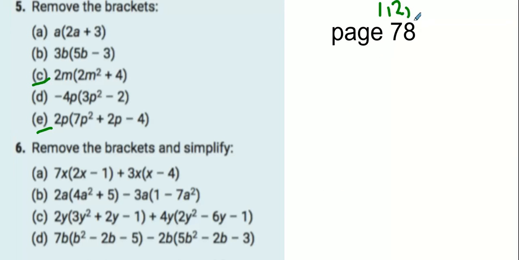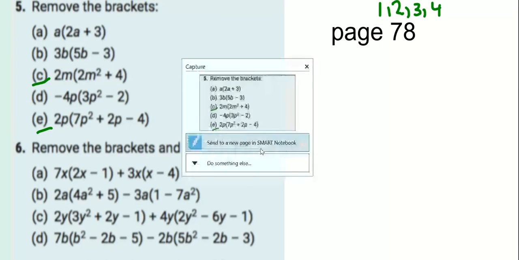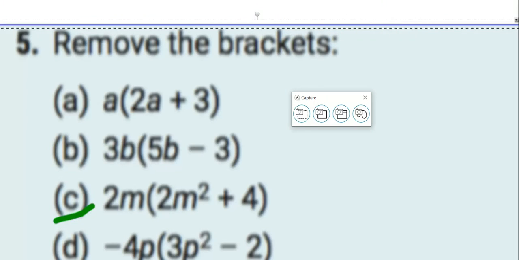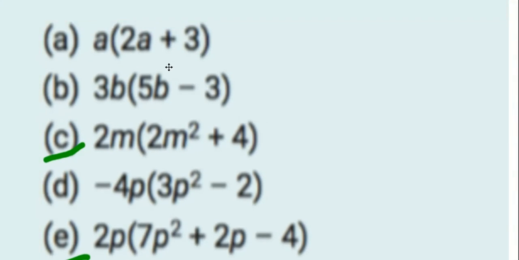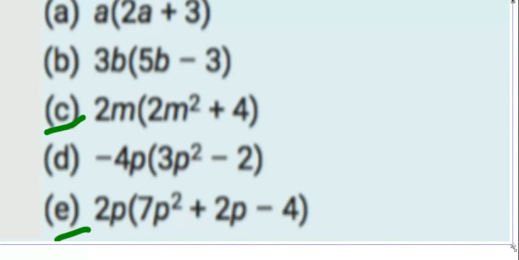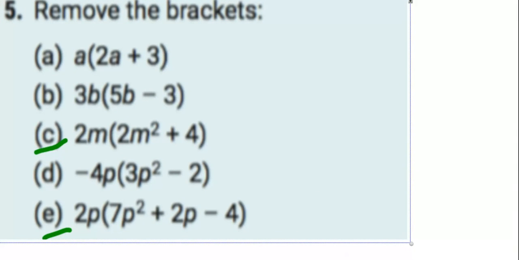Page 78 is on the board, but you guys obviously don't have it. Exercise 5.2. C and E. Page 78, it's on. Did you have 5? No.